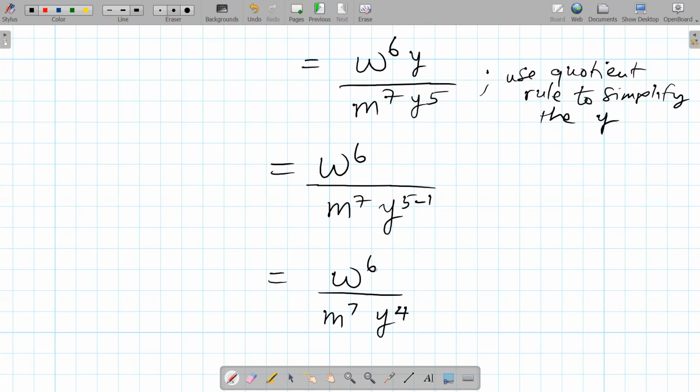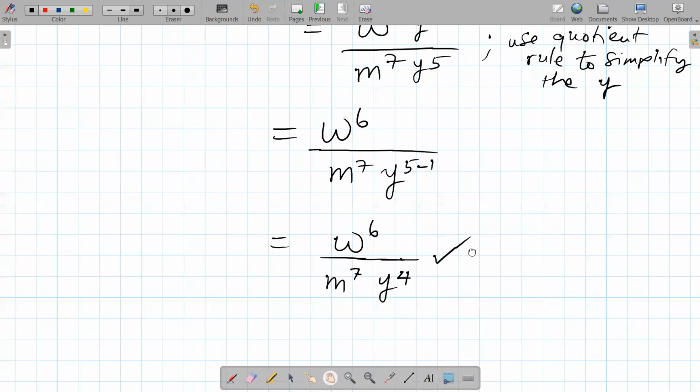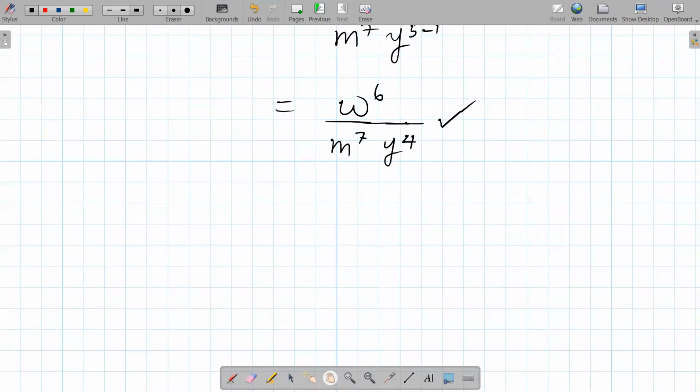So W6, M7, and Y4 will be your answer. So you should be able to do this easily, very easily. Let's do some more examples.